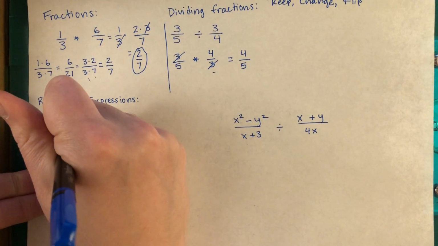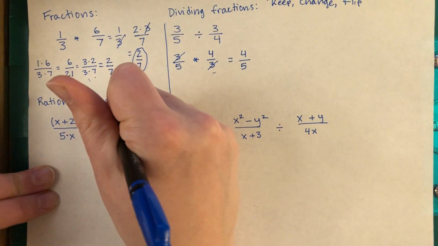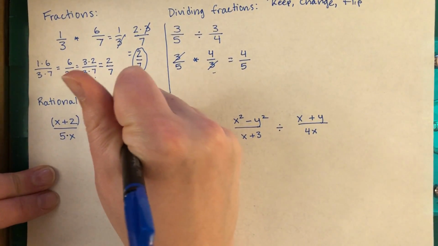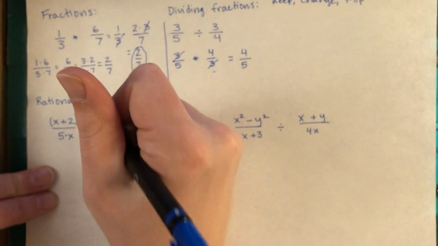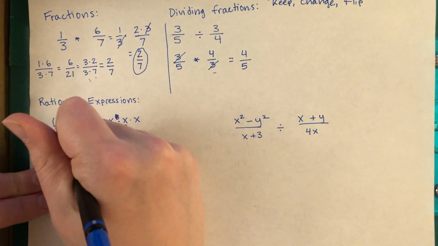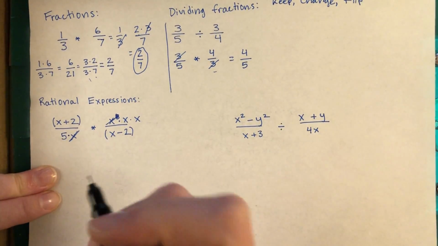Now if I wanted to, I could write 5x as 5 times x, and I could change this x cubed into 3 x's multiplied together. Now I can see that the only match that I have is an x here with an x here. I will cancel those.